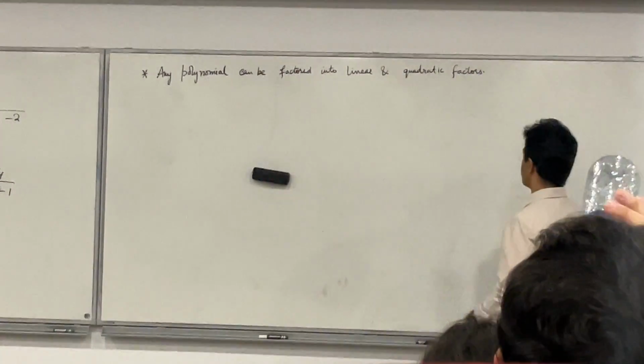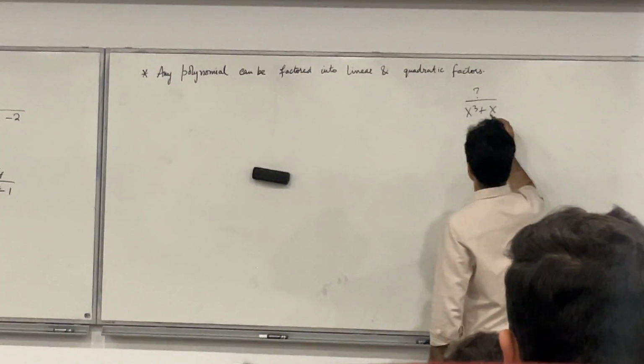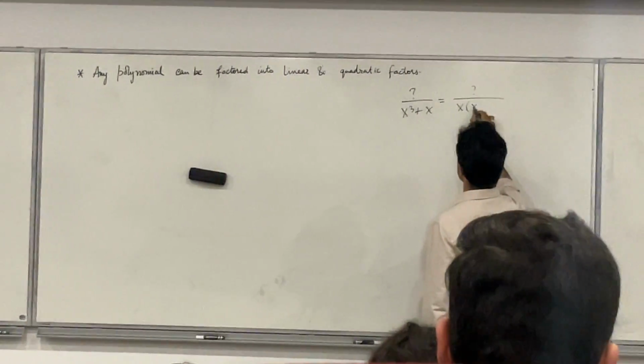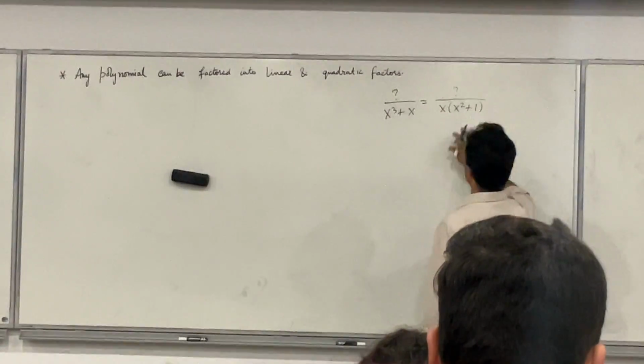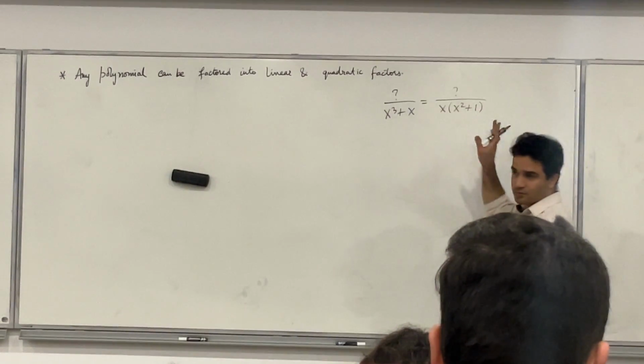So if you have something like something over x cubed plus x, we can write it as something over x times x squared plus 1, and that's the best we can do, a linear and a quadratic. This quadratic you can further factor.